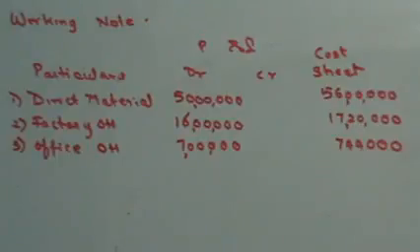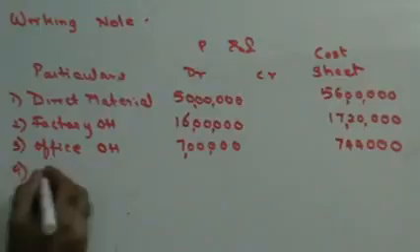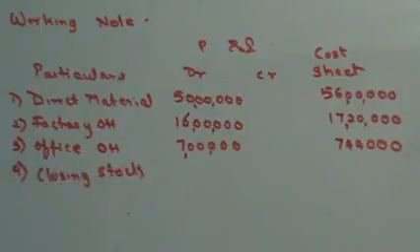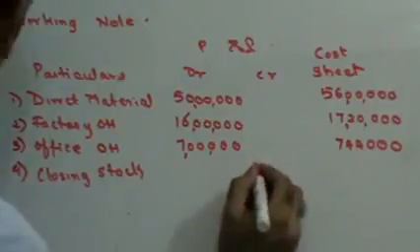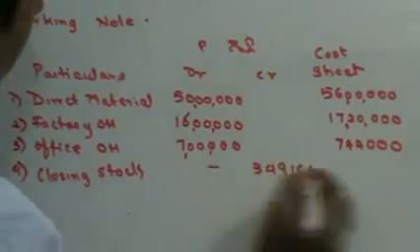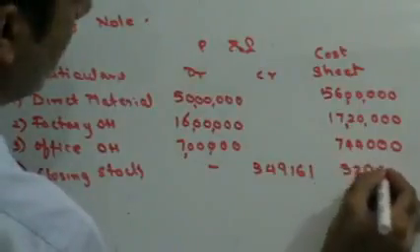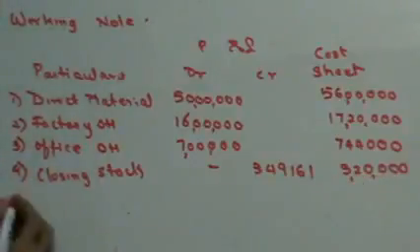Right? Then once you have office overheads, next you have closing stock of finished goods. Closing stock of finished goods as per P&L is 3,49,161 and in the cost sheet it is 3,20,000. Right? Then you have sales overheads.